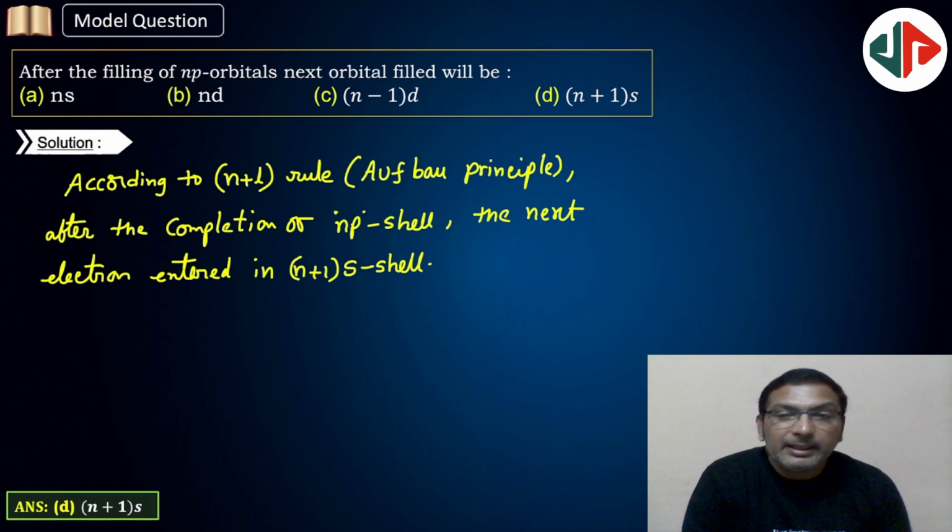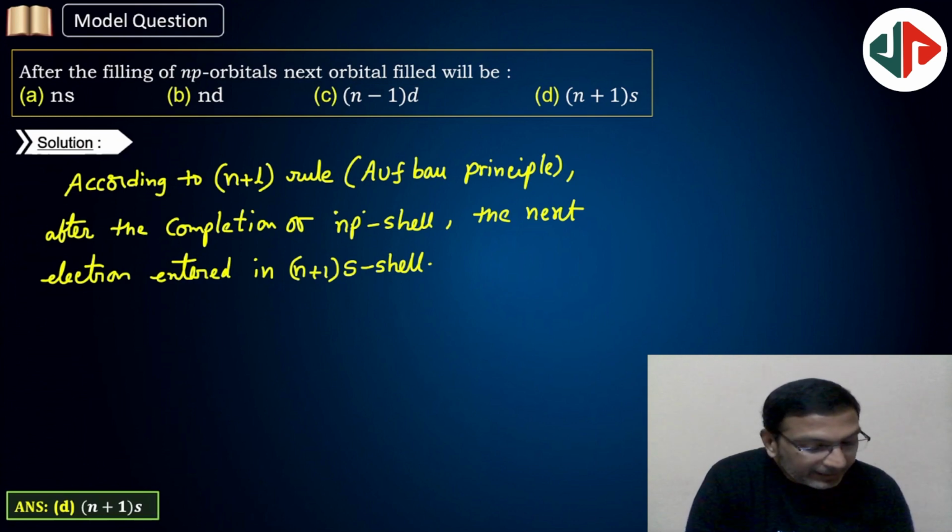This is based on the energy rule, n plus l rule or Aufbau principle. After completing np, the next electron enters into n plus 1 s.